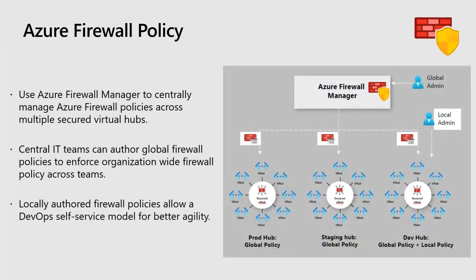And so one of the major key benefits of using Azure Firewall Policy is to be able to use this hierarchy of policies. Inheritance of parent policies allows DevOps to create local firewall policies on top of organization mandated base policies. So policies created with parent policies will inherit all the rule collections from that parent policy.